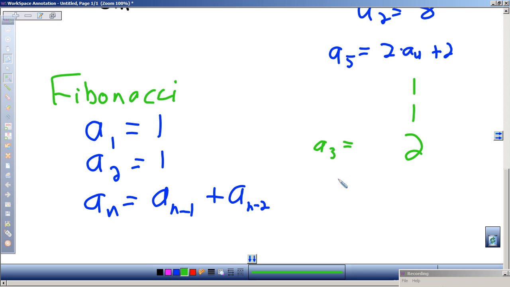Now if I wanted a4, what am I going to do? Well, plug in 4 here. 4 minus 1 is 3? We have a3 plus a2. 2 plus 1, 3. What about a5?